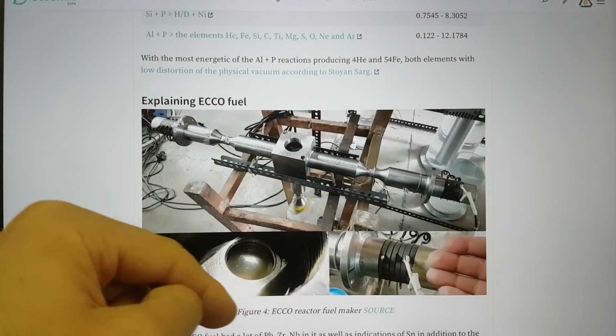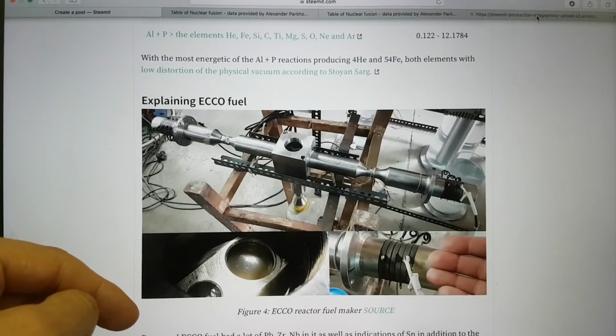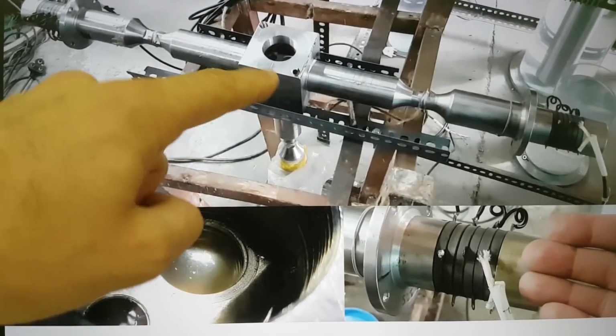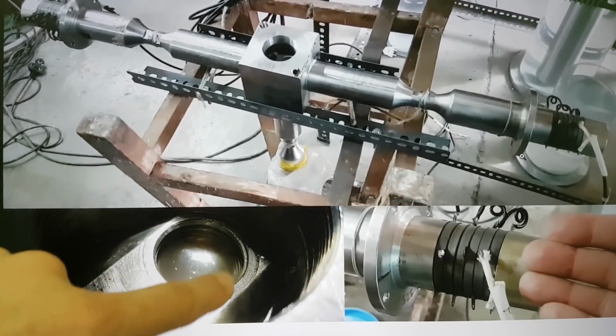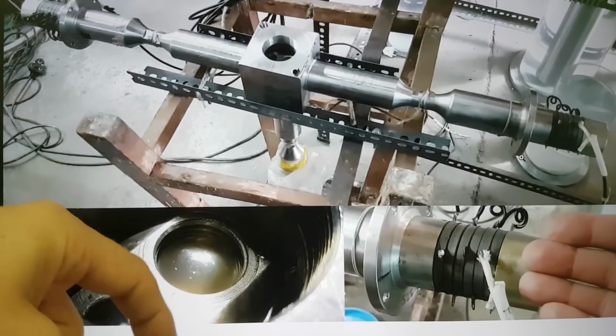So here's the echo fuel processor. I'm going to blow this up into a new tab so you can get a better look at it. So into this deionized water was placed carbon, titanium, and nickel.